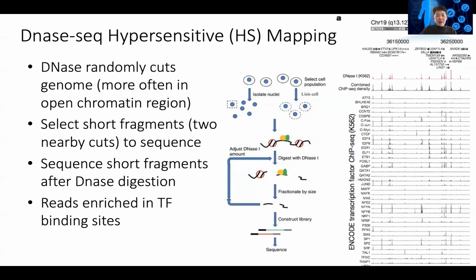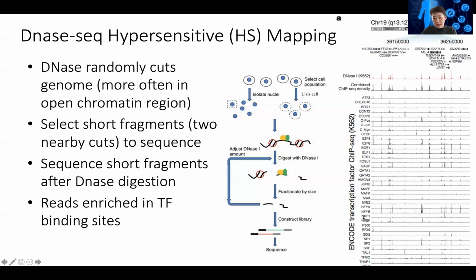And then with that, similar to the histomark ChIP-seq, you map them to the genome, and you can see this is what the DNase signal profile looks like. Interestingly, if you look at each transcription factor ChIP-seq data, this is from the ENCODE project.